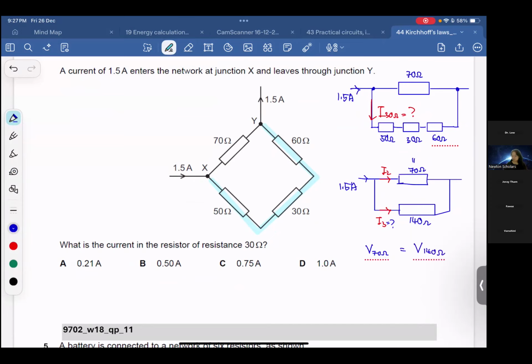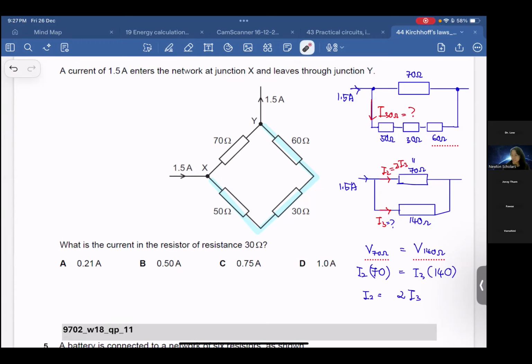Parallel. So I2 times 70 equals I3 times 140. So here, I2 is actually 2I3.